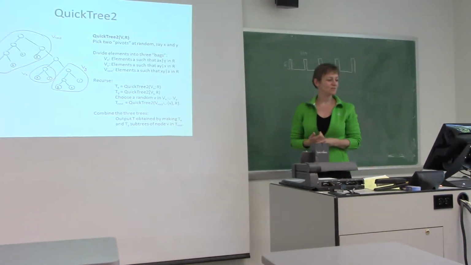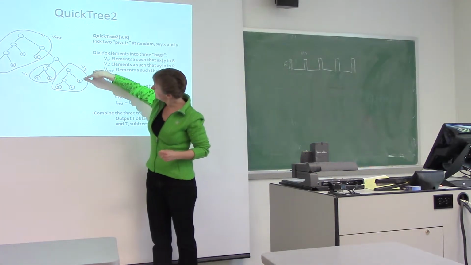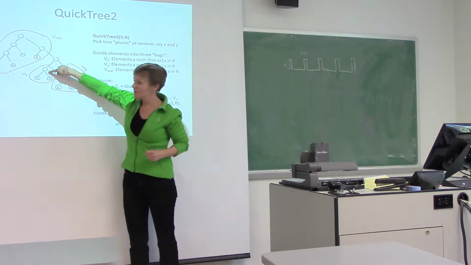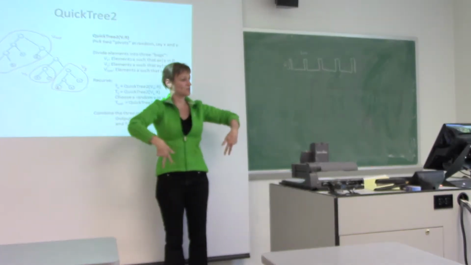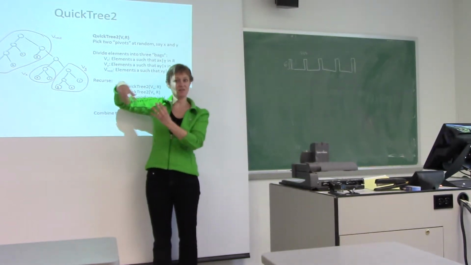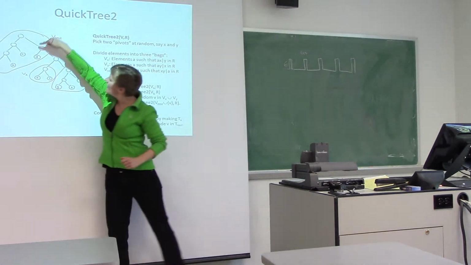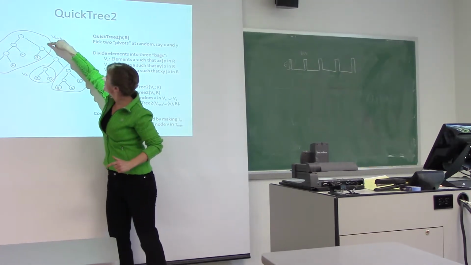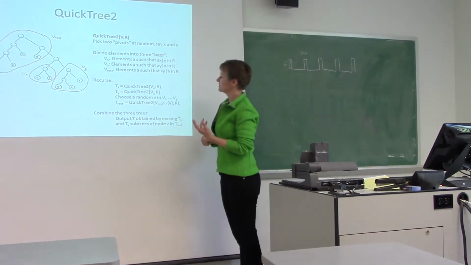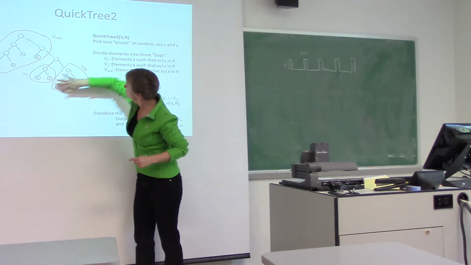Once we have the three bags, we recurse on each of the bags. We recurse on this one, we recurse on that one, and that tells us exactly what the tree is. Right now we only know G, H, and I are in a bag together. After the recursion, we know exactly what it looks like inside the bag. When we recurse on the rest, something more tricky goes on. We also need to know where these two go.